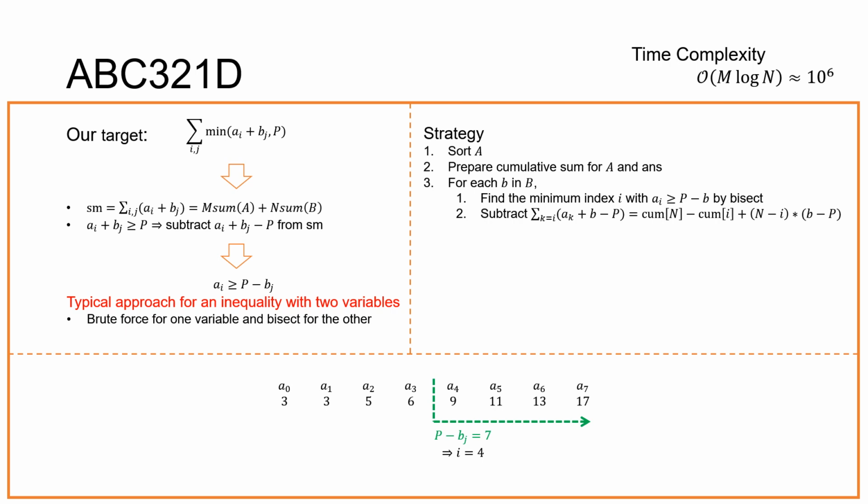After sorting a, we find the minimum index i with a_i at least P minus b_j by bisect. So we can compute the sum for fixed b_j collectively. But to compute it efficiently, we need to prepare the cumulative sum for a. But I leave the details to you. This ends problem D.